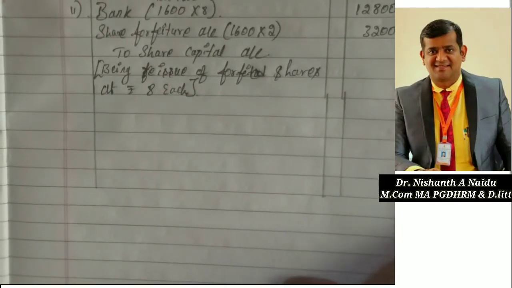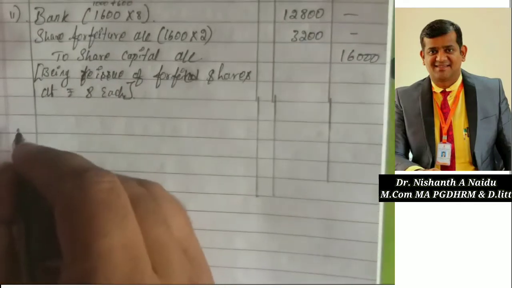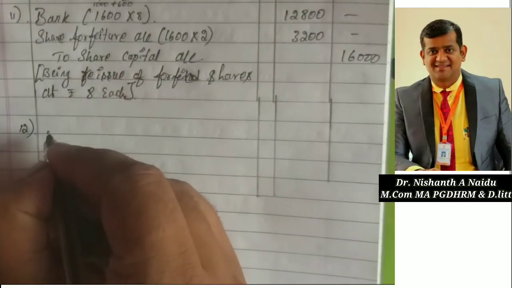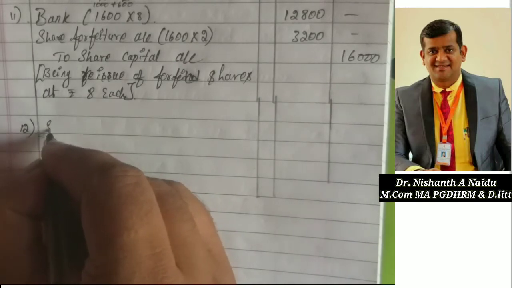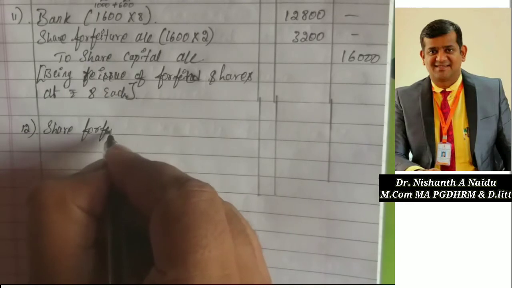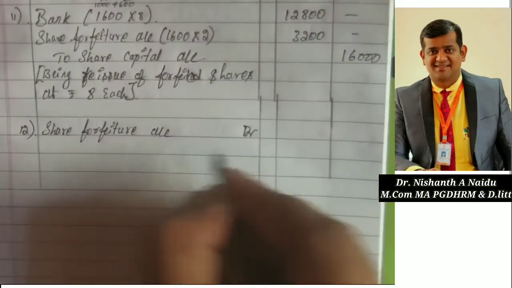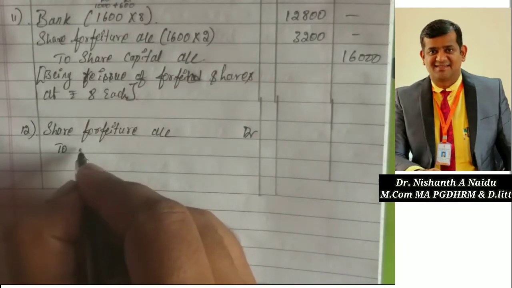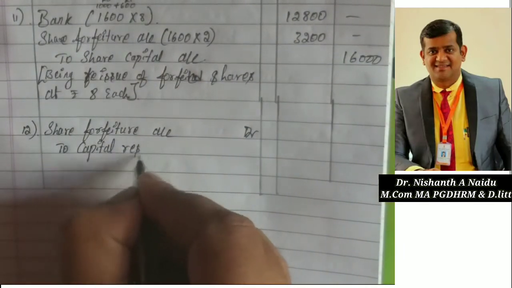So the last entry, that is the 12th journal entry. Okay, so the 12th journal entry. So share forfeiture account debtor to capital reserve account.